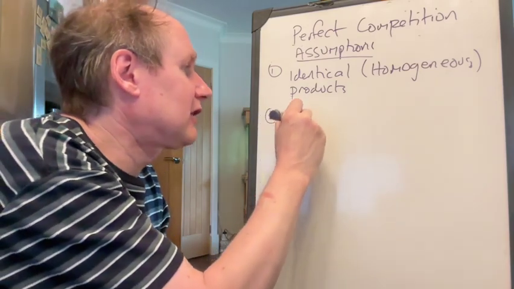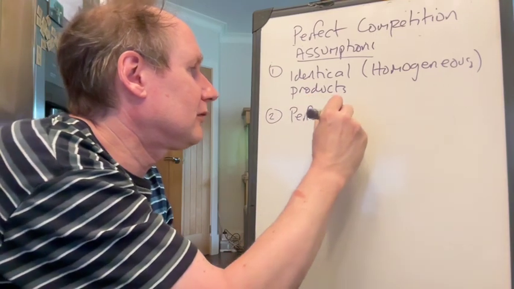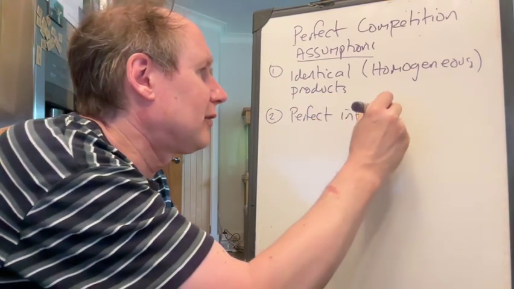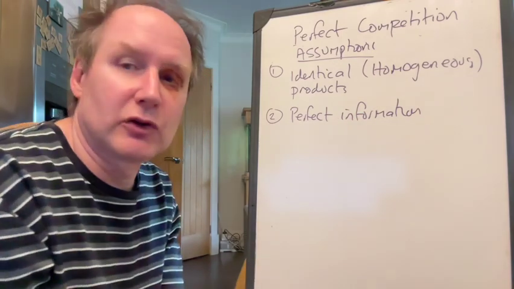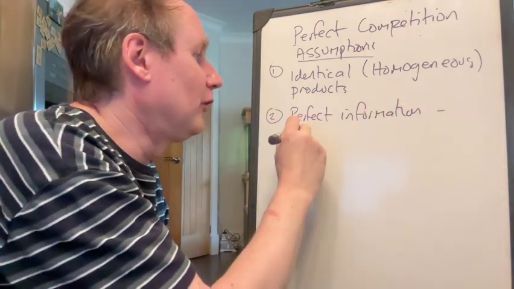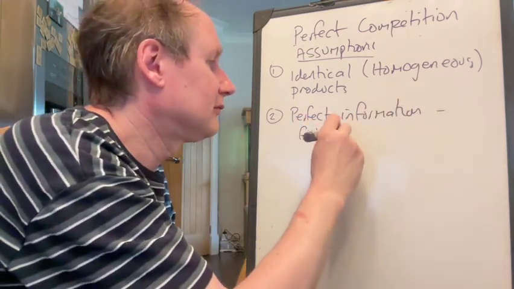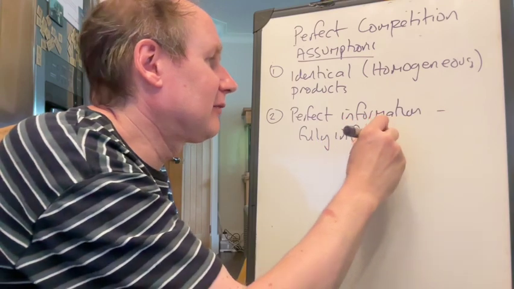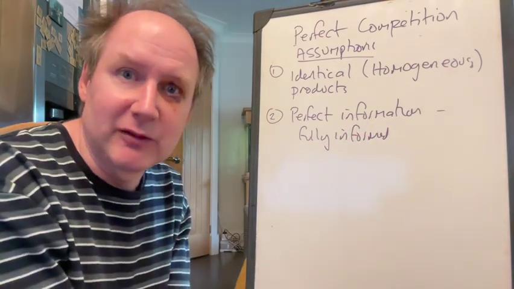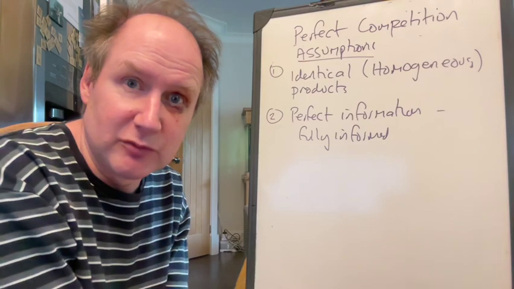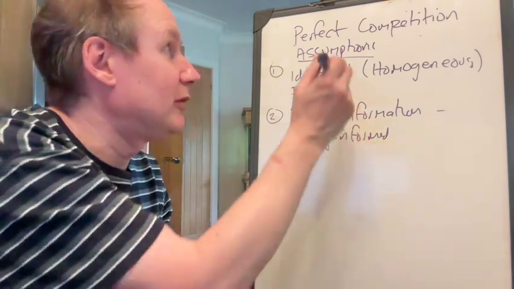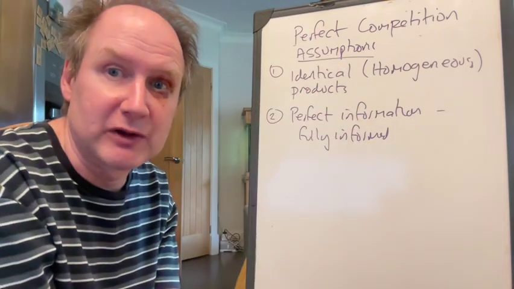So a second assumption that we're going to make is that consumers are fully informed. We need that because otherwise, there might be a cheaper product available that consumers don't know about, and then they don't buy it, and then we don't have perfect price competition.